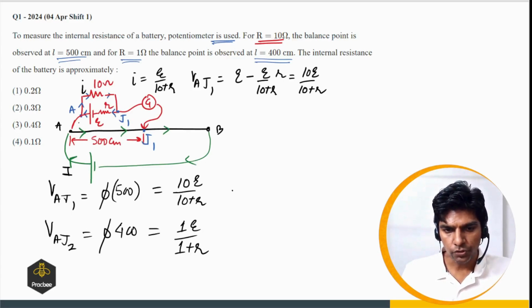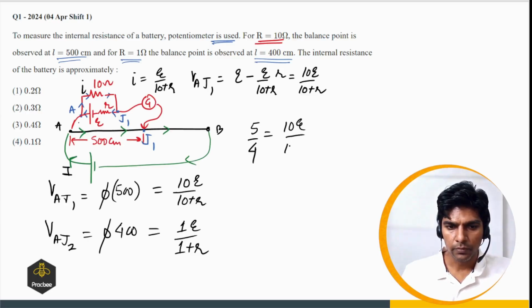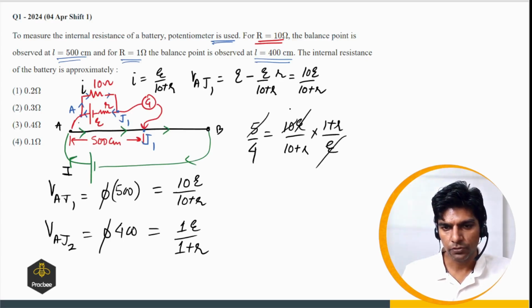Now if you take the ratio of these two equations, we'll get 5 by 4 equals, E will get eliminated, so it will be 10E upon 10 plus r times 1 plus r upon E. So E will get cancelled out. This will give us 2 here.